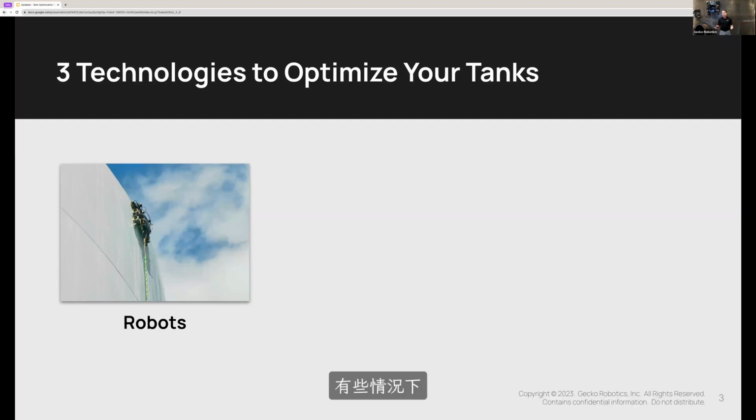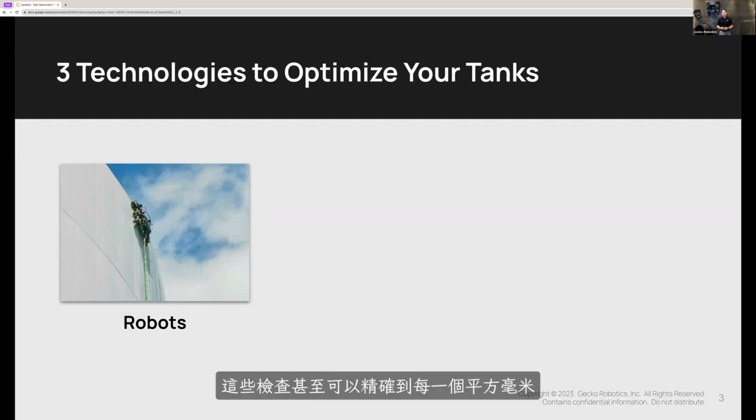In some cases, they conduct that health scan over every square millimeter. And we now even have a robot that's submersible. We call it our swimmer, and it can inspect many tank floors even while the tank is on stream.